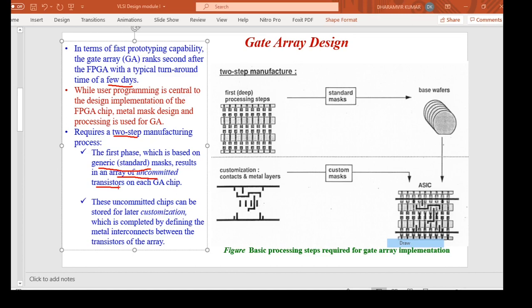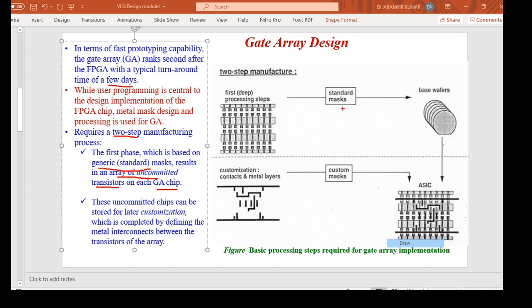They are independent and they are available for use. They are not part of any circuit. So this results in an array of uncommitted transistors on each GA, gate array chip.